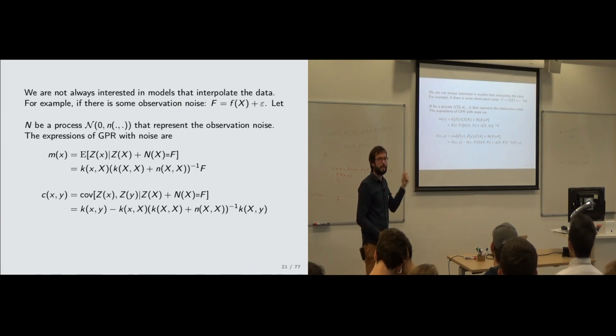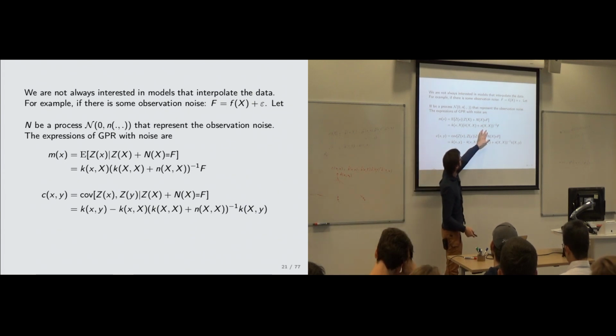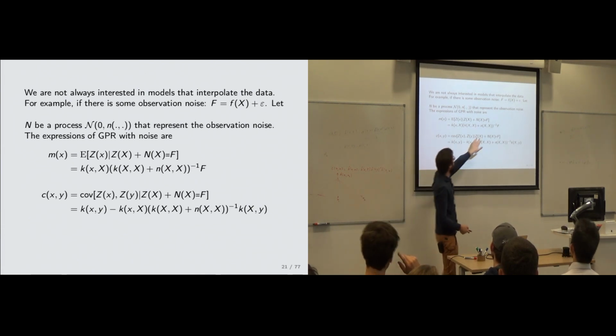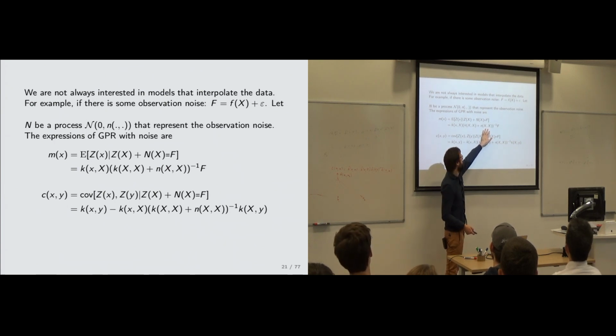So it's the exact same math as we did before. We just have this extra term that appears here, the covariance of your noise. If your observations are independent, this will just be a diagonal matrix.